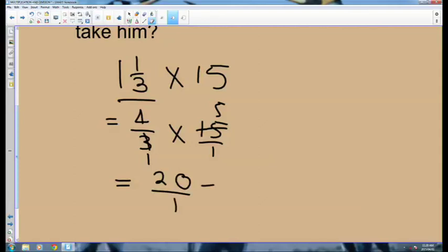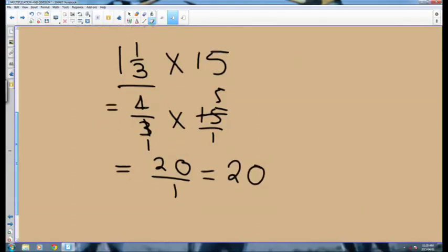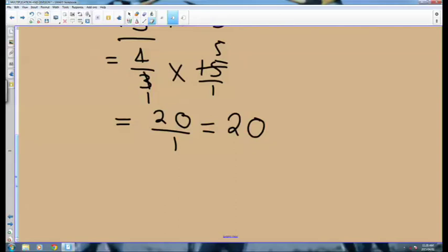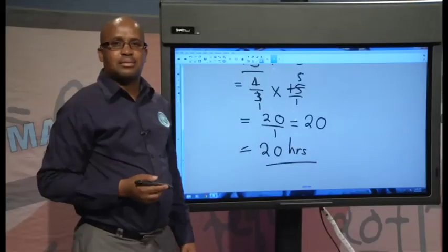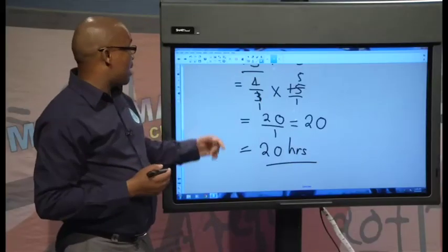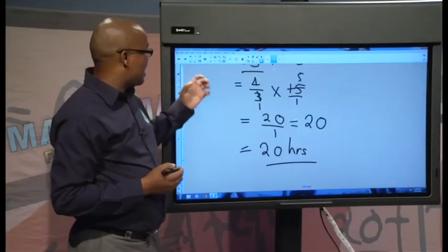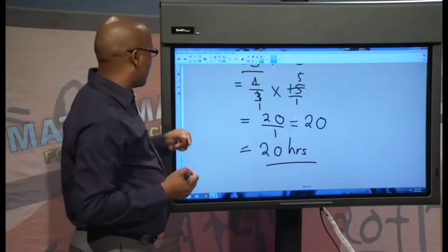And then 20 divided by 1 is 20. And then the question says, how long will it take him? This simply means to service the 15 cars, he's going to take 20 hours. This is the time he will take to service the 15 cars. This is how we multiply a mixed number and a whole number.